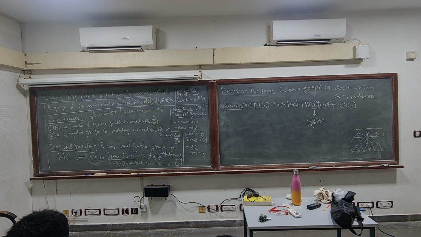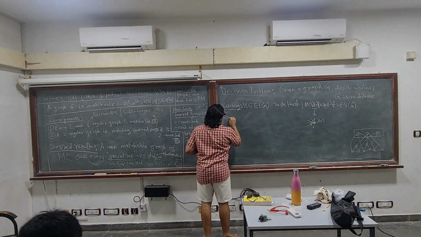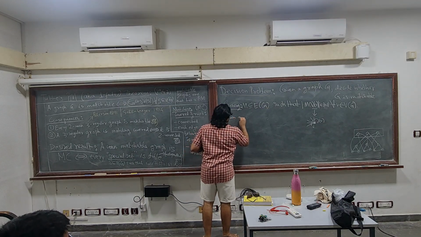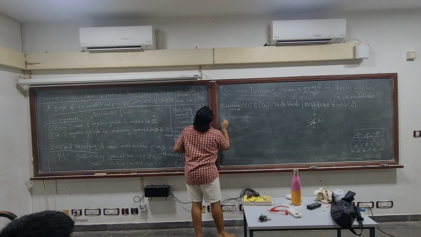And now, instead of asking whether a graph has a perfect matching, what is the cardinality of a perfect matching? If n is the number of vertices, n by 2. Whereas now I can just ask, what is the cardinality of a maximum matching? And in fact I can pose a decision problem as follows.